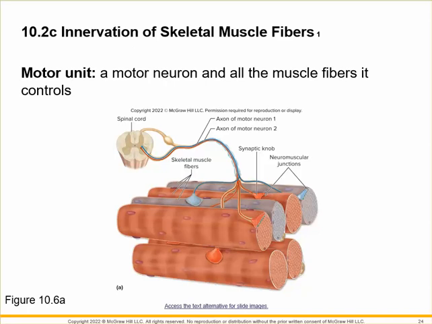Obviously, a single muscle will have thousands and thousands of muscle fibers, different muscle cells. And each one of them will have thousands of myofibrils, the contractile organelle. And each myofibril will have hundreds, if not thousands, of sarcomeres.